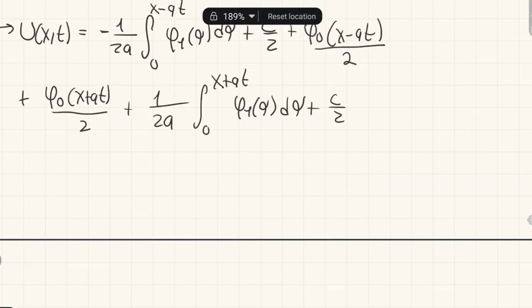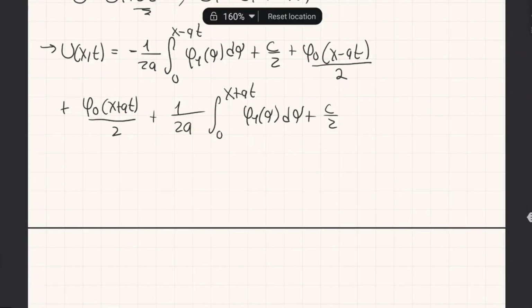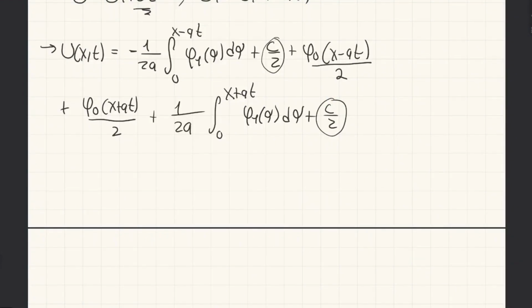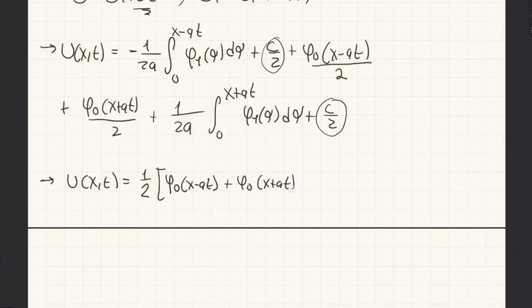Okay, and then we are going to reorder a little bit. We can sum this c divided by 2 plus c divided by 2 to get that u of x comma t is equal to 1/2 phi 0 of x minus at plus phi 0 of x plus at, and then plus 1 divided by 2a.